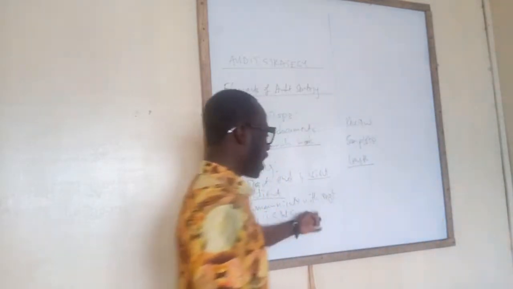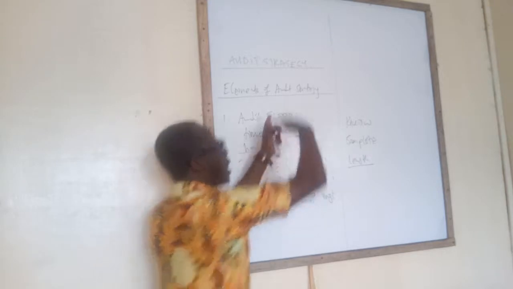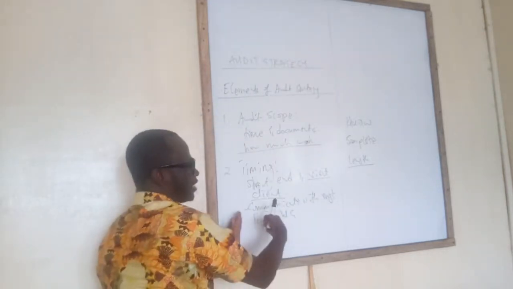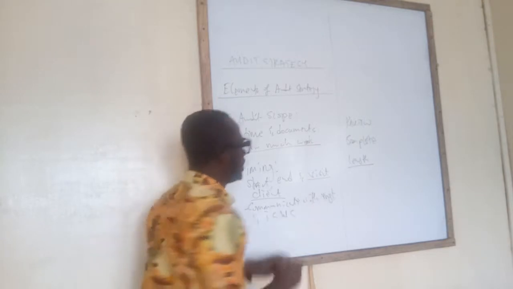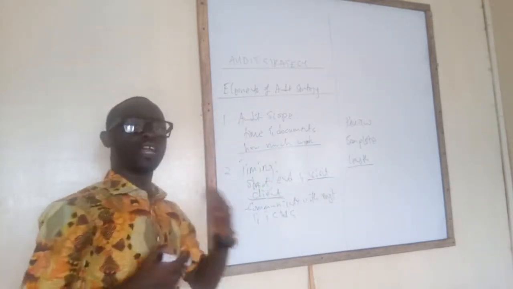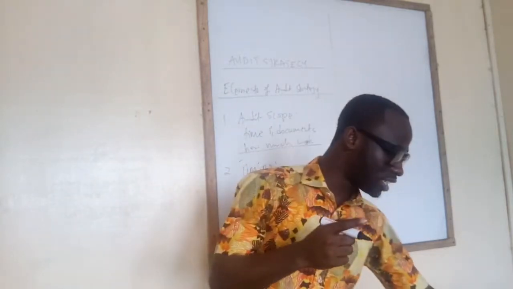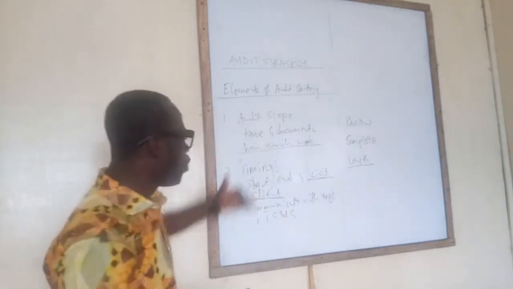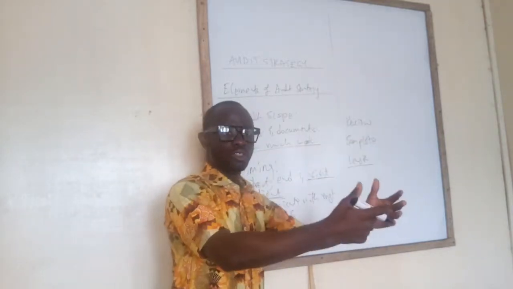So when we are preparing our audit plan, we have to look at when are we starting the audit, when are we ending, and then when will we be visiting the clients so that we can communicate? Because remember, one of the things in the audit procedure is what? Enquiry. So when will we visit to go and make those enquiries?